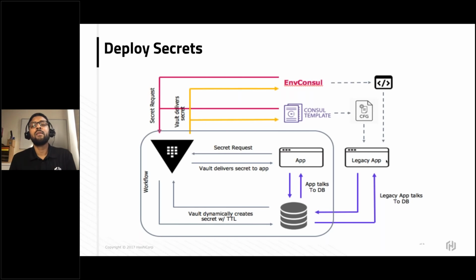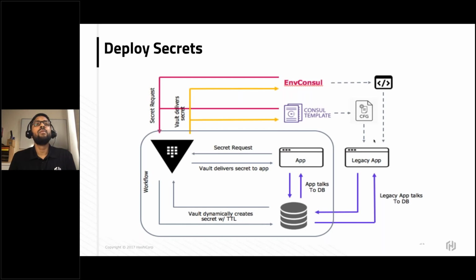On the right-hand side, we have a use case. You may have a legacy application. It doesn't even have to be legacy. Maybe you're writing a new application for the cloud. However, you do not want to refactor that application, or you just don't want to introduce any type of secret management code in that application.